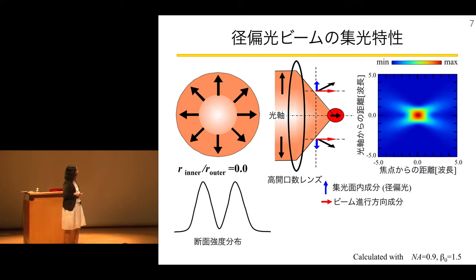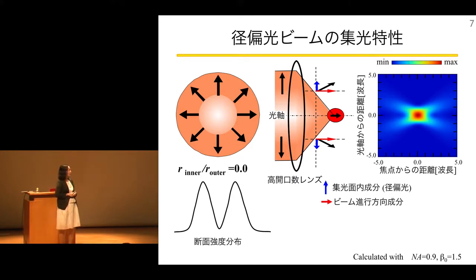The radial components go opposite to the beam axis, so they offset each other. On the other hand, the longitudinal components are in the same direction, so they intensify each other. As a result, even if we introduce the light as a donut beam, it has an intensity on the beam axis.